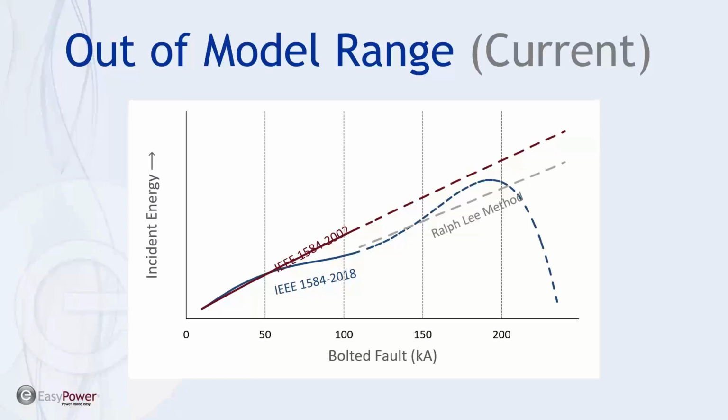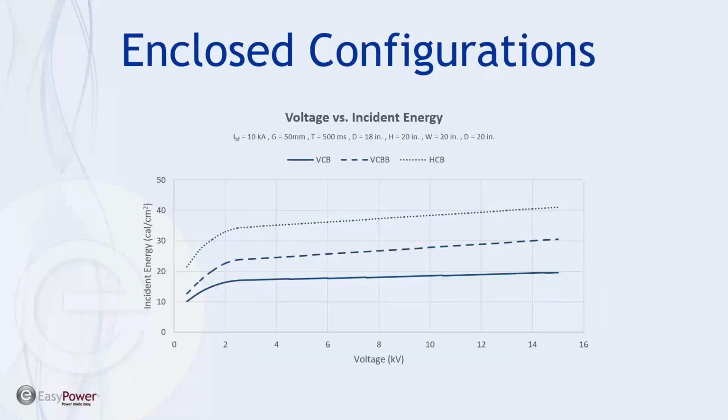And so that gives rise to, well, where does it make sense to slice things a little closer as far as being conservative? And so the approach I'm taking is, by holding all the other variables constant, how do different parameters affect incident energy versus the voltage?